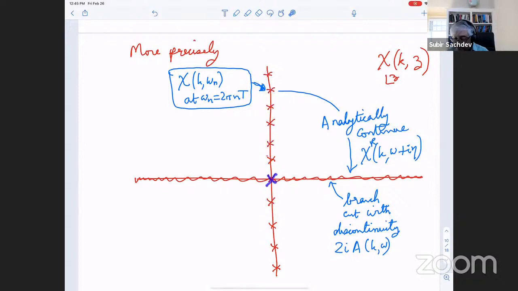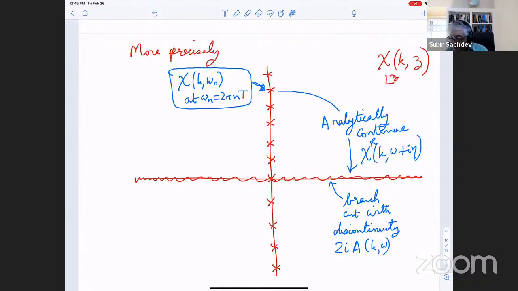This is a bosonic frequency, so there's even a point at 0, at omega n equals 2 n pi T. What I would like to get, for comparing with some experimental scattering data, is chi of k and omega over here, just above the real axis, omega plus i eta. So I have to analytically continue from here to there. And that whole analytic continuation is not so easy if you only have numerical data. If you have an analytic expression, then you can use your knowledge of complex variables to do it exactly.